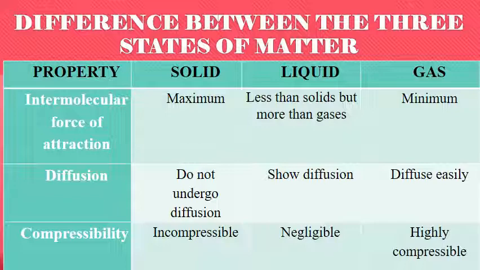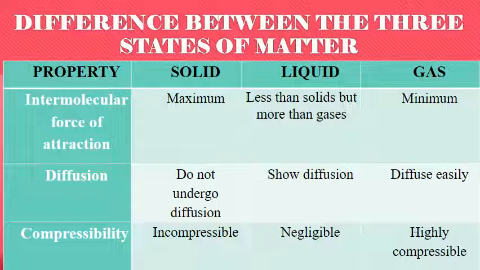So a solid becomes incompressible. Now in liquids also, the intermolecular or interparticle space is a little more than in solids, but it's not large enough. So liquids are also not easily compressible. They are compressible to a very small extent.